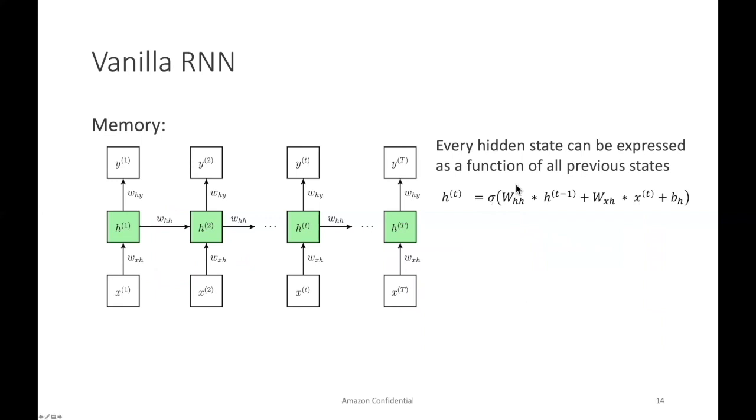So you can see that overall the equation looks something like this. This is the sigmoid function, and this is the nonlinearity that we use in case of RNNs, which takes in basically a weight matrix multiplication of the previous time step hidden.